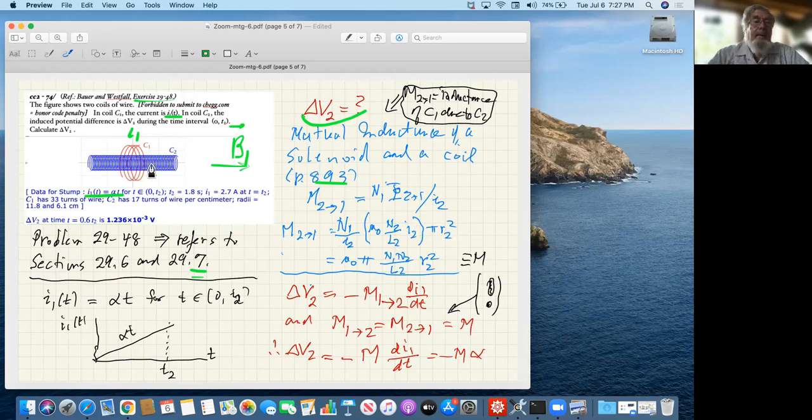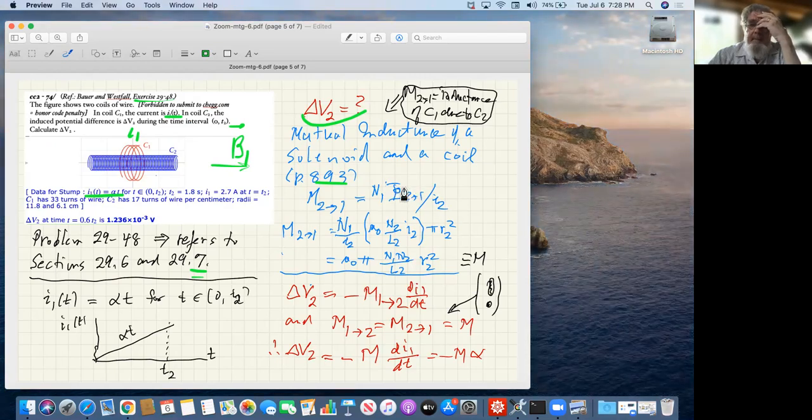And the area of the solenoid is pi R2 squared. So the current cancels out. And we just get constants that depend on the parameters of the solenoid and the coil. It depends on N1, N2, L2, and R2, the area of this solenoid. Now that gives us M21, where phi 2 goes to 1.